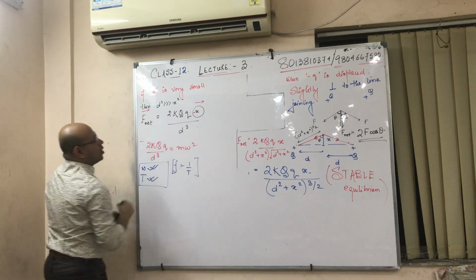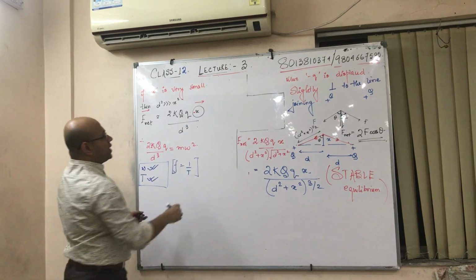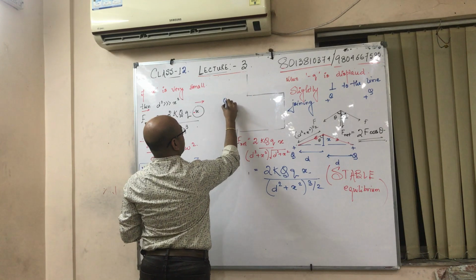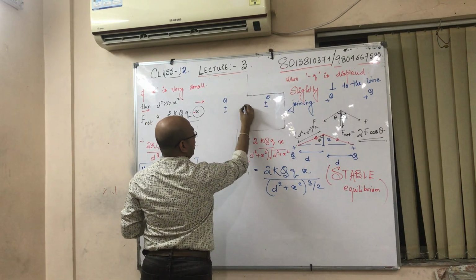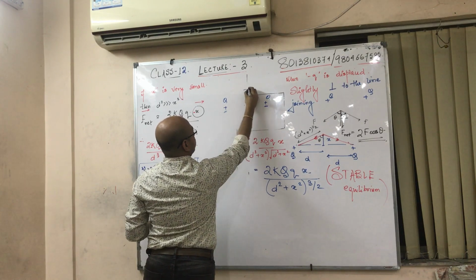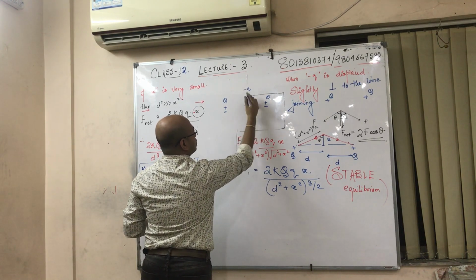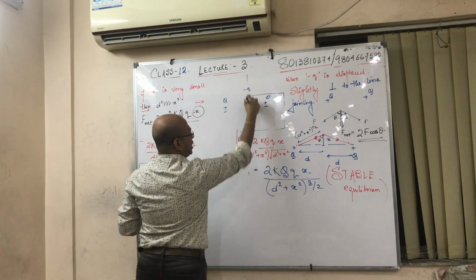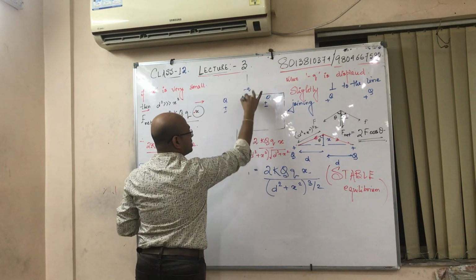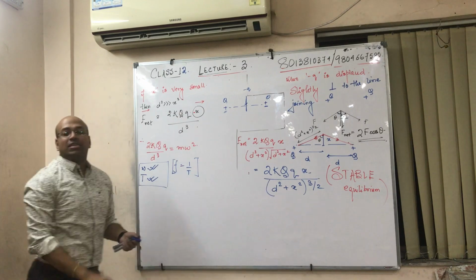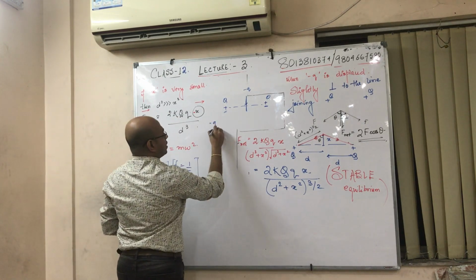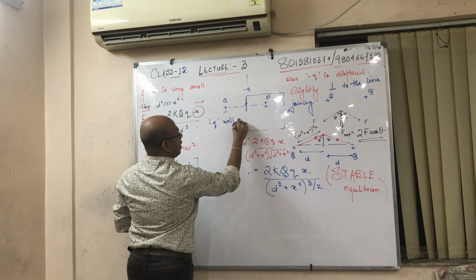So over here, simple thing: plus q at the extremes are fixed, you have to keep in mind, and this negative q is displaced, then it will come back and it will execute SHM along the perpendicular bisector.